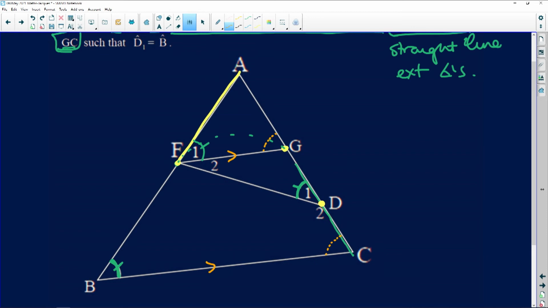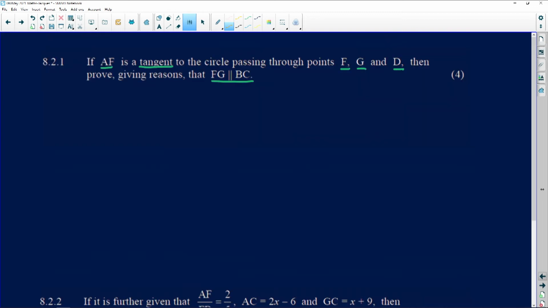And I think that is all we can say about that. So let's go and let's prove what they wanted us to prove. They said, if it's a tangent, then show that FG is parallel to BC. So first of all, my chord, this is the information that I have.